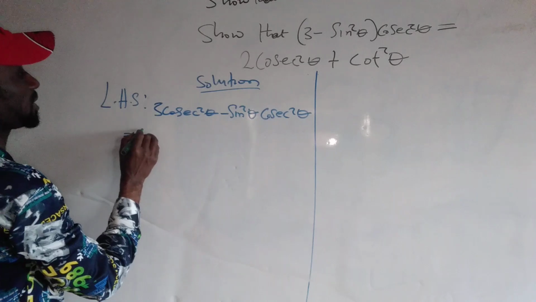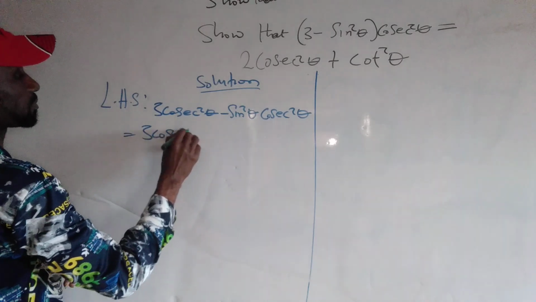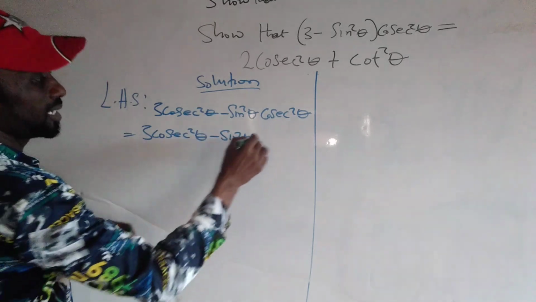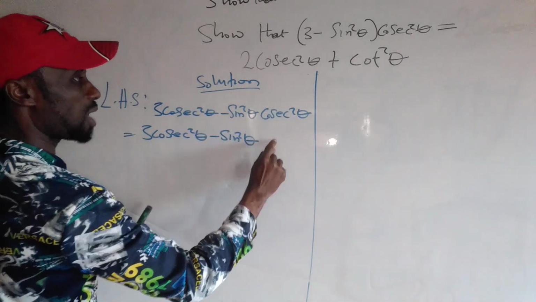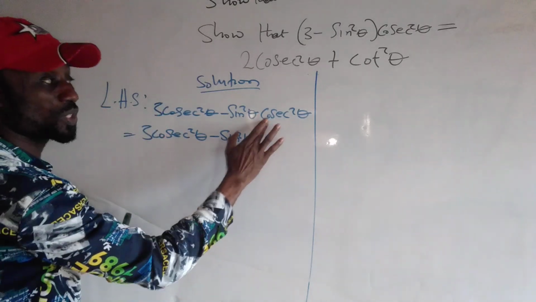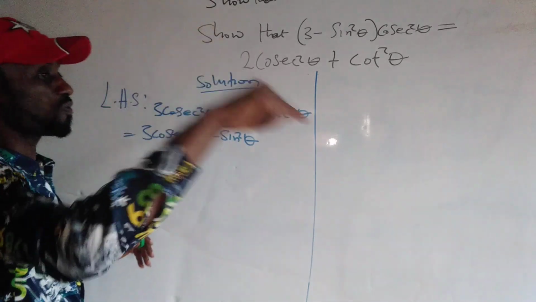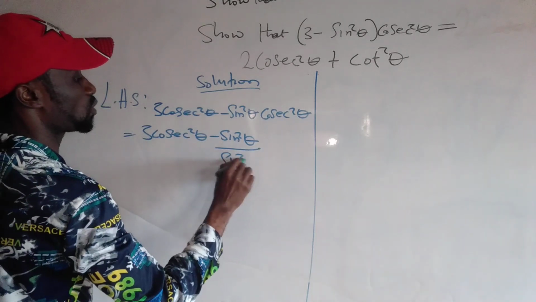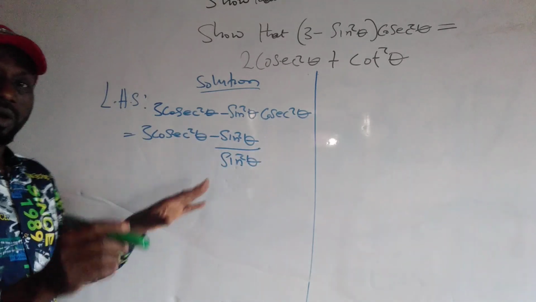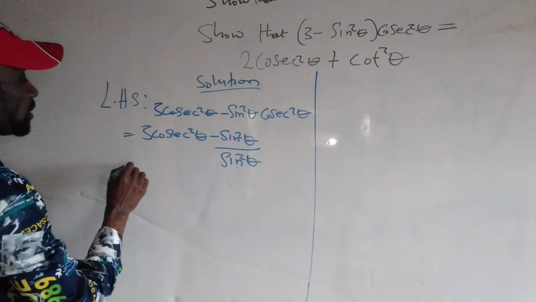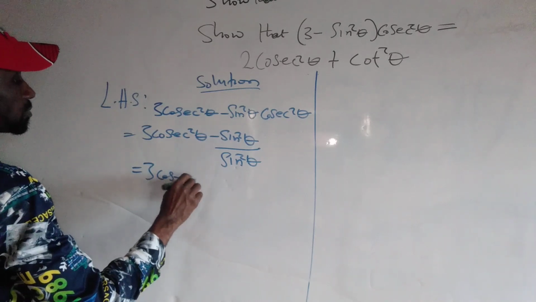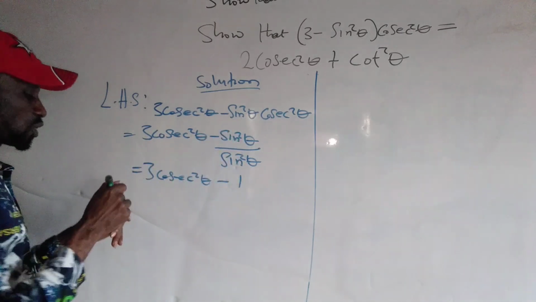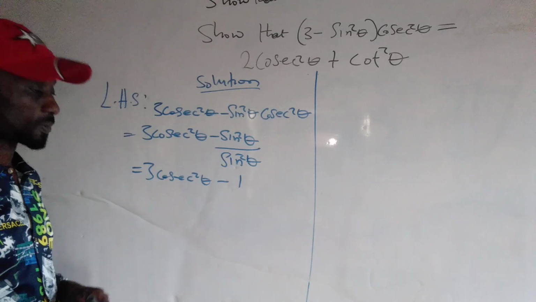So this equation now is 3 cosec square theta minus sine square theta, then times 1 over sine square theta, because cosec square theta is the same as 1 over sine square theta. So you divide at once by sine square theta. Now with this, I can also say that 3 cosec square theta minus 1, because sine square theta divided by sine square theta is equal to 1.